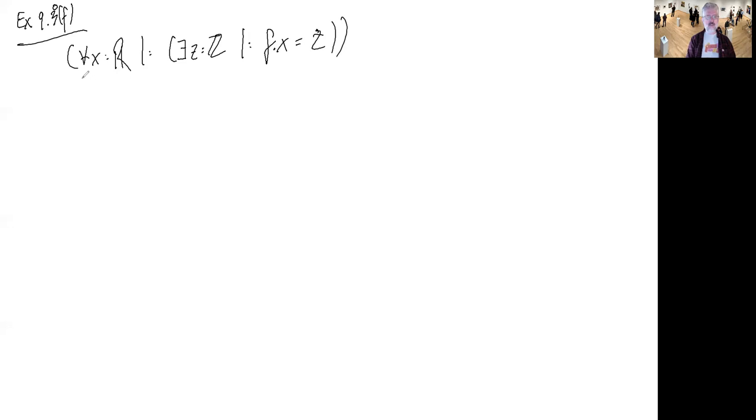And this is essentially just saying that for every input to the function, the output is an integer. We could say something like f is an integer valued function on the real numbers.